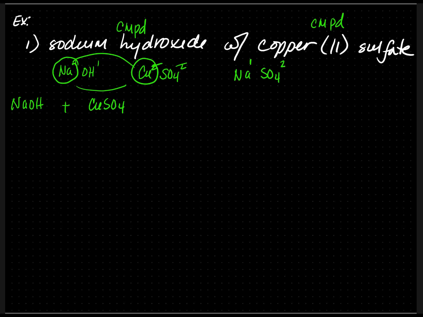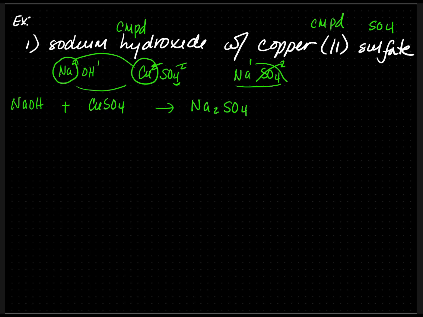We cannot reduce, so we crisscross. So this is going to be Na2SO4. Please note that the 4 subscript is only carried through because sulfate is SO4. No other subscript is carried through. The reason Na has a subscript of 2 is because the charge of SO4 is 2 and the charge of Na is 1. So to have a neutral compound, I need 2 sodiums to 1 sulfate ion.